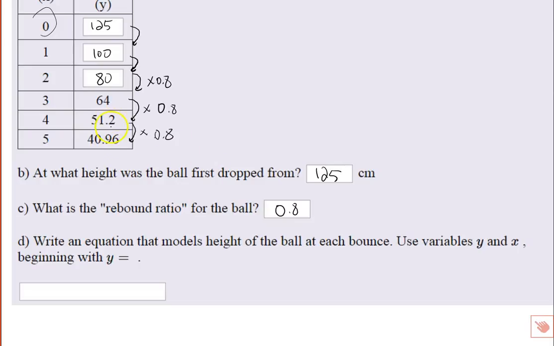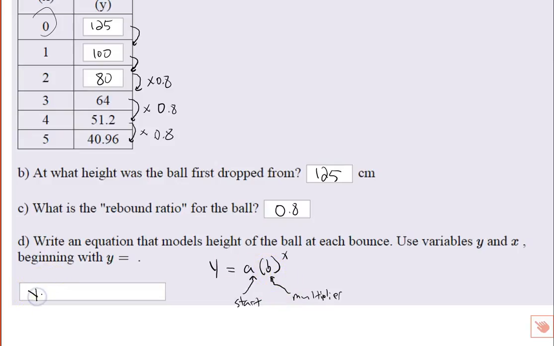Okay, and writing an equation, it's going to look like this: y equals a b to the x, where this is kind of like the start, and this is the multiplier. So in context, this is the original height that it was dropped from, and this is the rebound ratio.